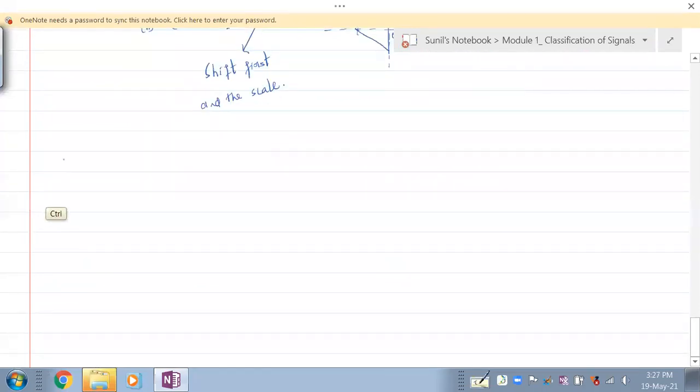So what we need is u of 1 minus t. Now u of 1 minus t we are not comfortable with, so let's see it as u of minus t plus 1.